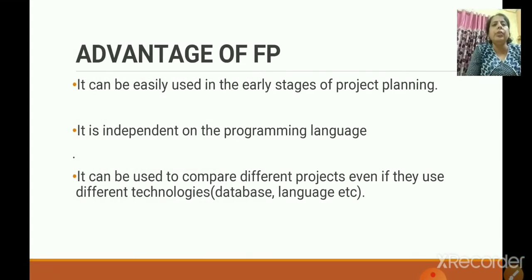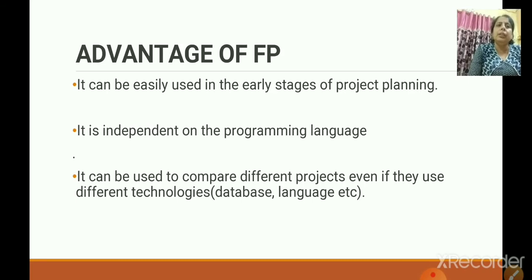Next is the advantage of the function point metric. It can be easily used in the early stage of project planning. LOC is very difficult to calculate, but FP is easy because in this method we can calculate using the inputs, outputs, files, interfaces and inquiries. It is independent of the programming language.